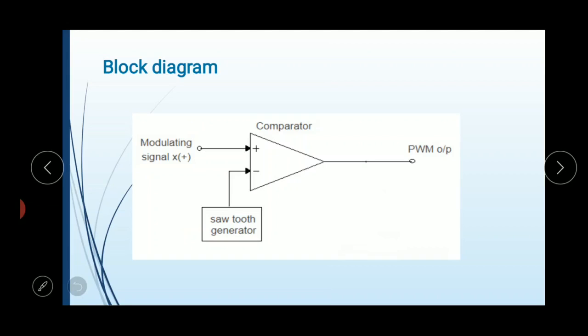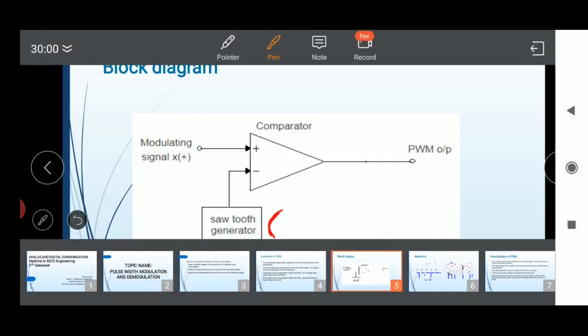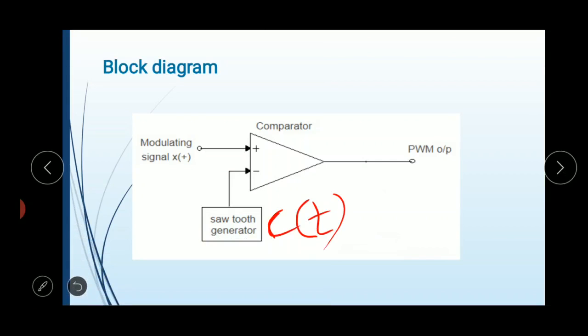The output of the comparator is high only when the modulating signal x of t is higher than the sawtooth waveform. So here the sawtooth waveform acts as the carrier signal.